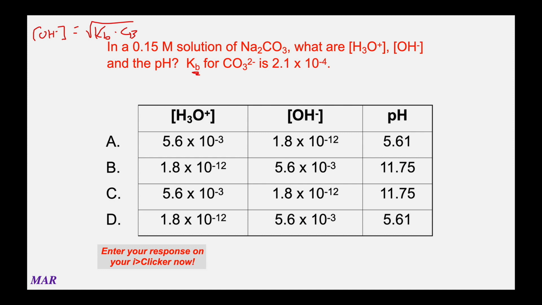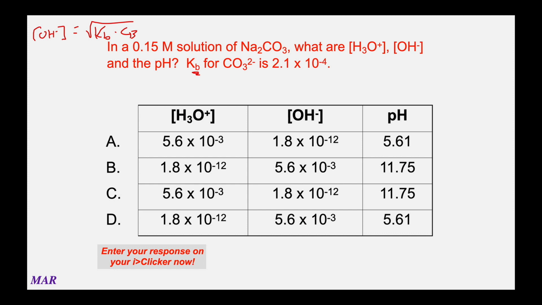And if you did all those steps, that's fantastic. That's a really cool way to do it. But let's think a little bit more about what it means to be a base, and this is a basic solution. If you look on the far right column, there are 4 possible answers, but they repeat: there are 2 5.61s and 2 11.75s.